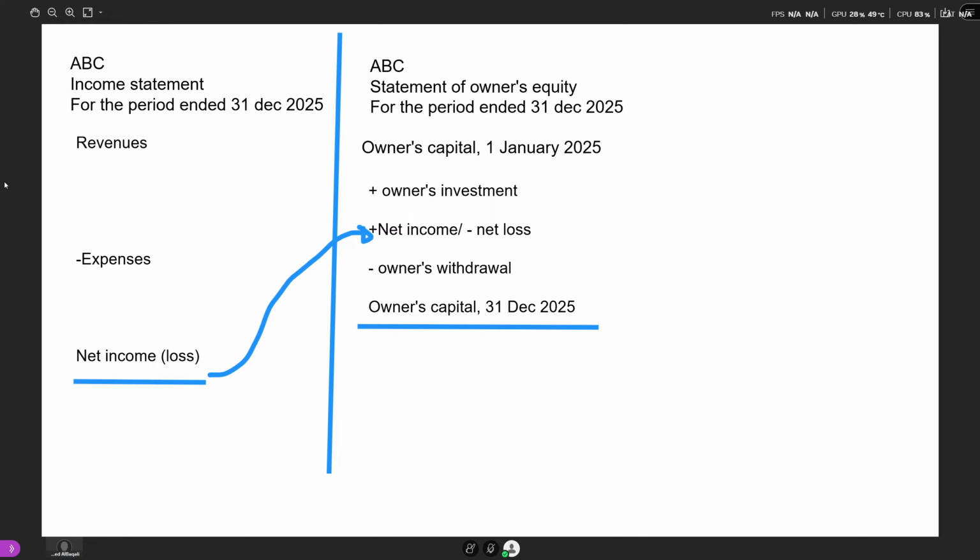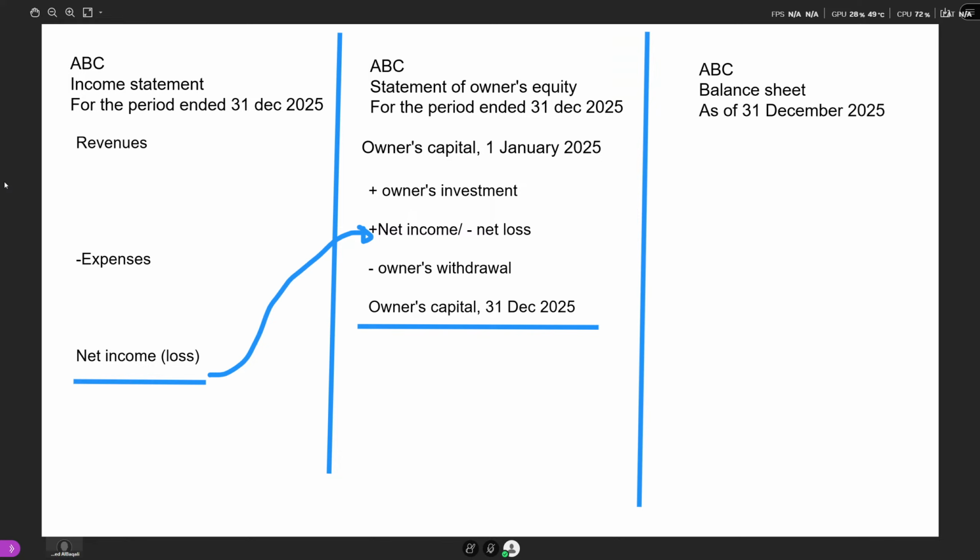Last statement that we prepare is our balance sheet. So again, start with your company's name and then the name of the statement itself, and finally your date. So this is as of 31st of December 2025.